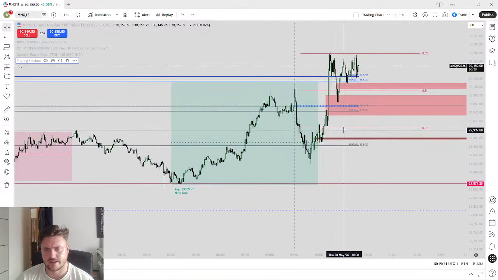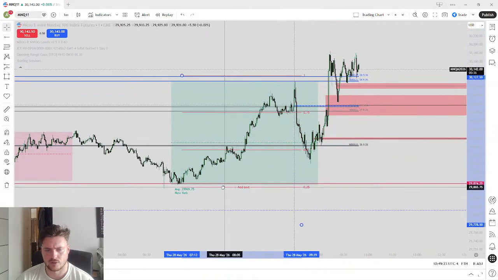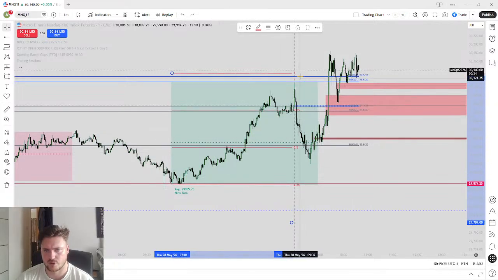Let's do a run that's already happened, because sometimes it's more difficult with a run that hasn't formed, because you need to watch price.